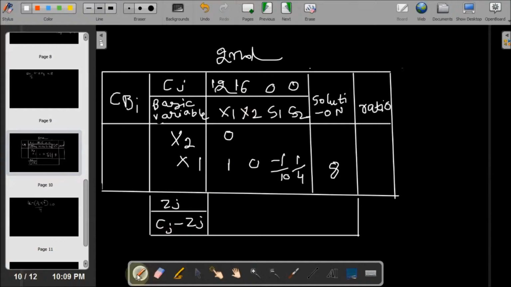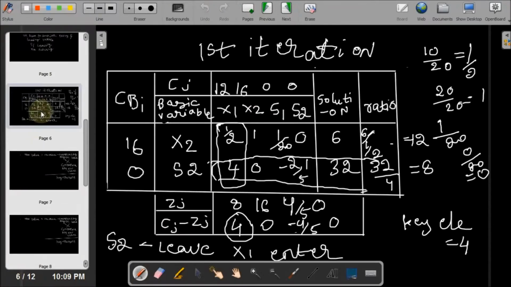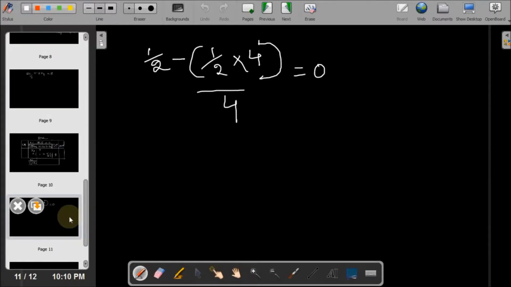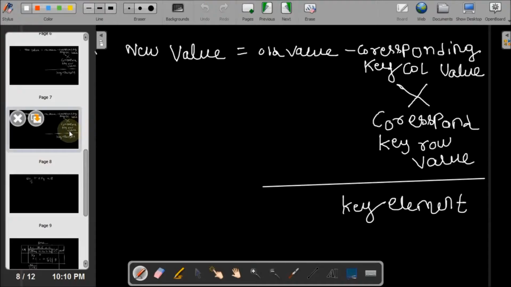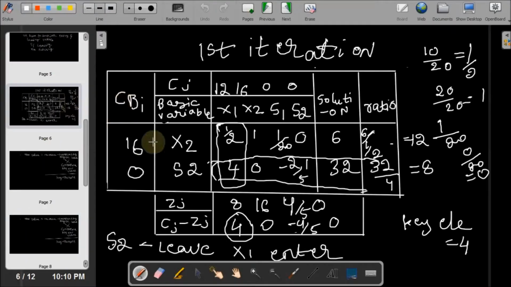Right? Now what is the next element here? 1. Old value of x2 is 1. So I will take up that, 1 minus corresponding key column value. What is the corresponding key column value here? 1 by 2 only, because it won't change.